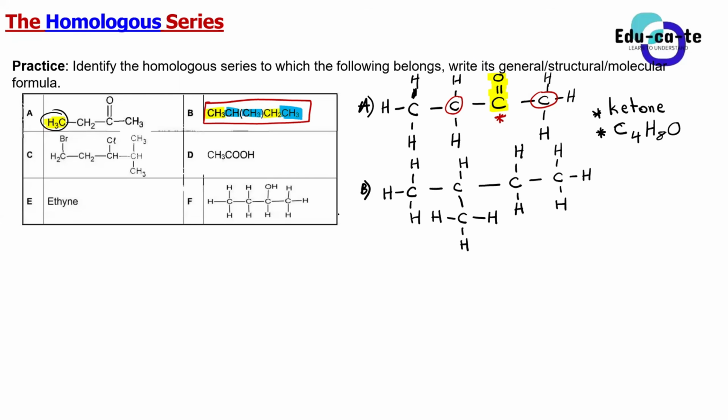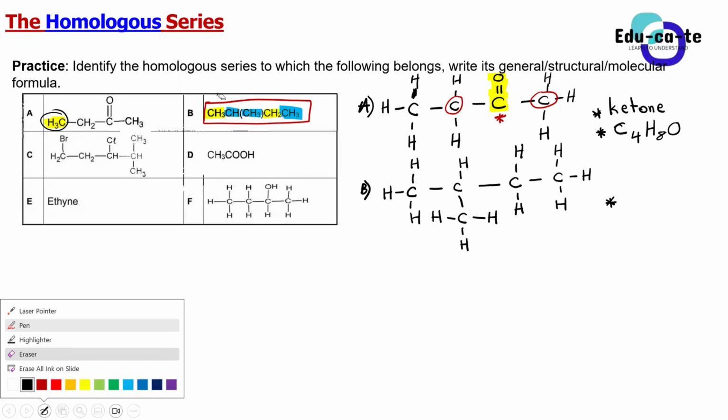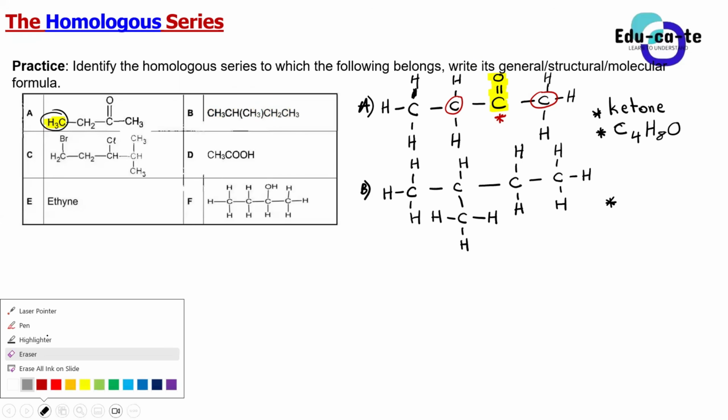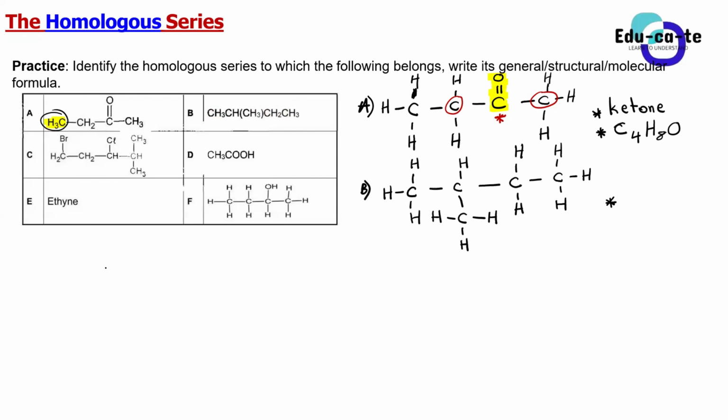Yes, sir. Okay, so I want to hear from you guys. What is the homologous series of this compound B now? It's an alkane. Why?